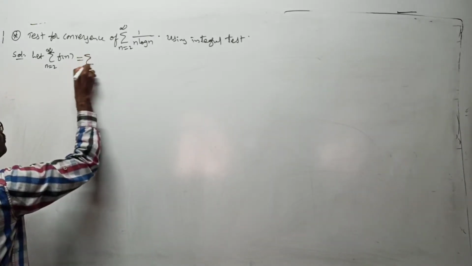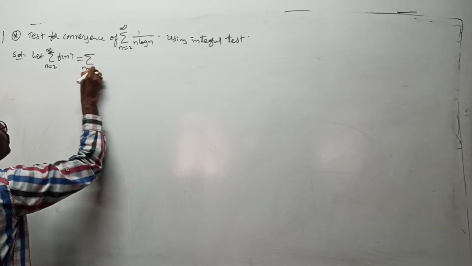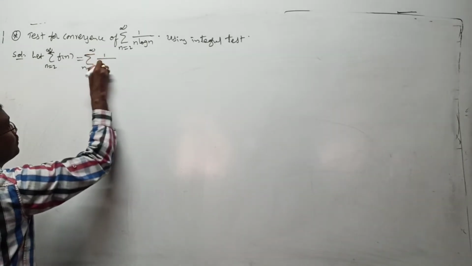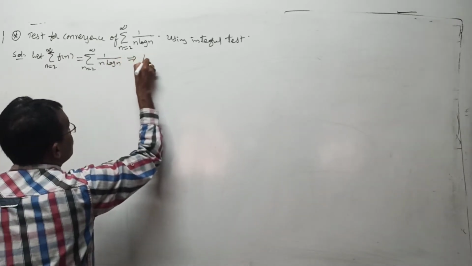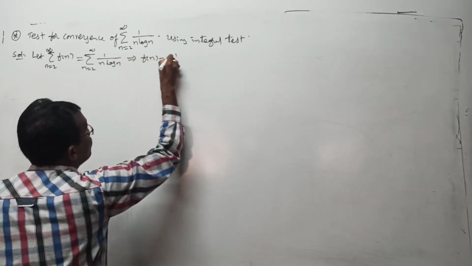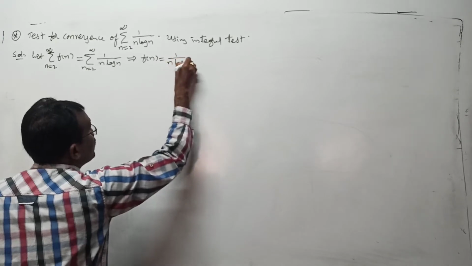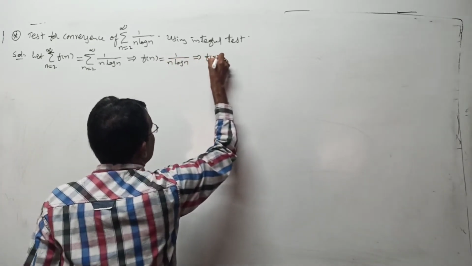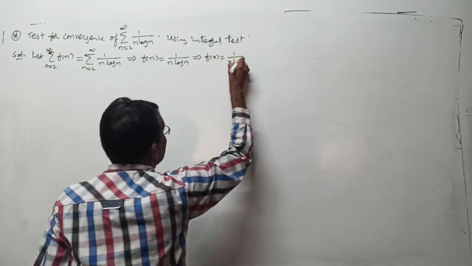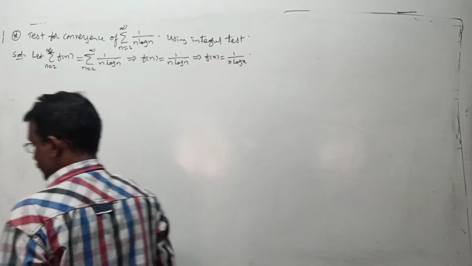Sigma n equal to 2 to infinity 1 by n into log n. This implies f of n is equal to 1 by n into log n. From this, f of x is equal to 1 by x into log x, right?